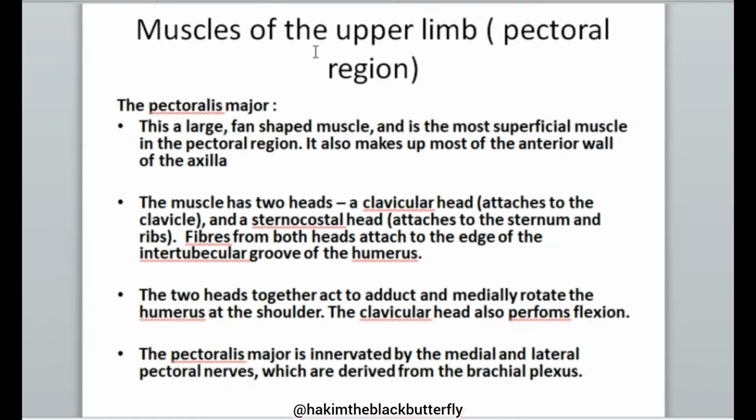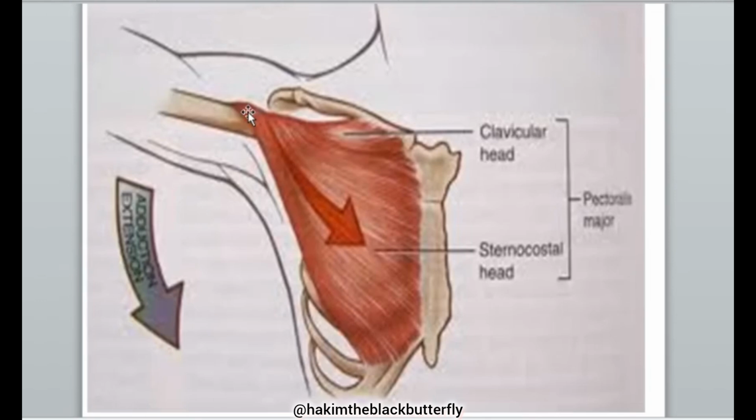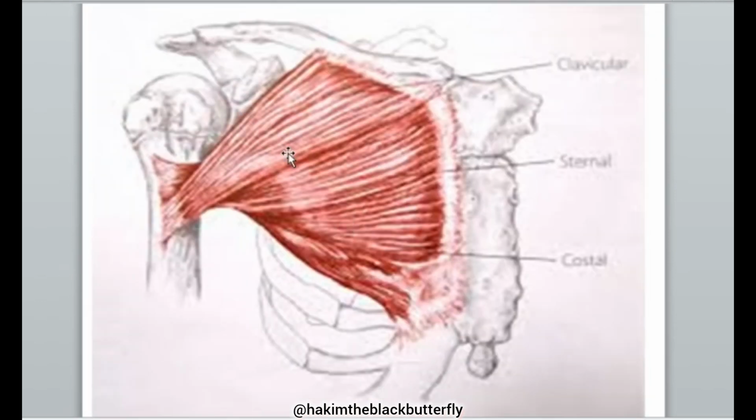Now, the largest muscle in the pectoral region is known as pectoralis major. When you remove the breast, it is sitting on this muscle known as pectoralis major.